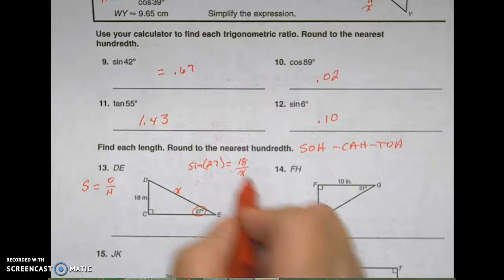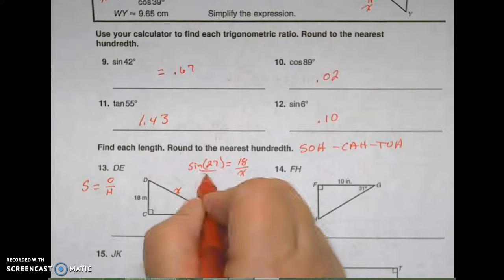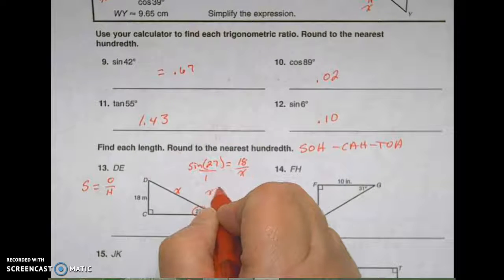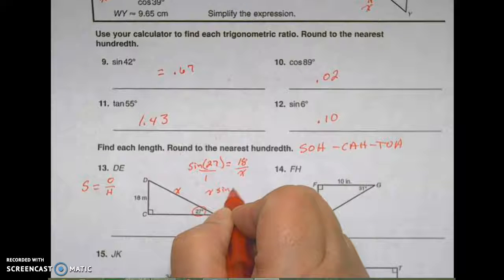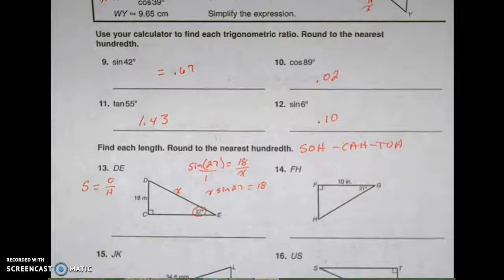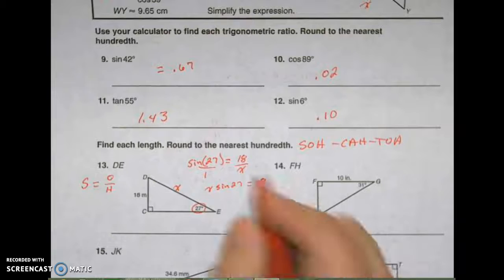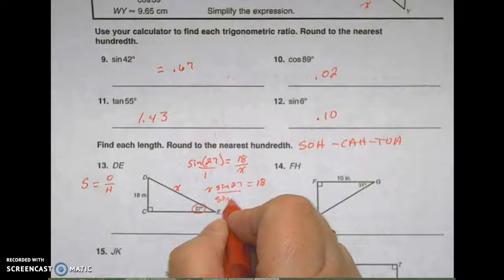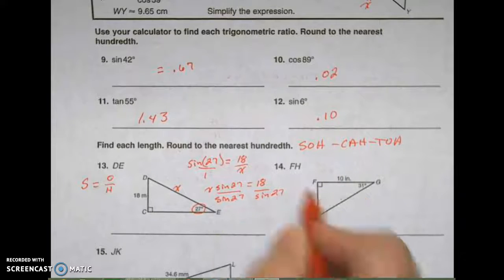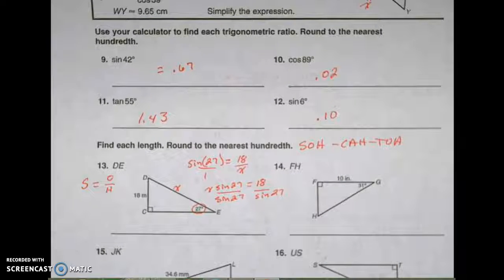When I cross multiply, I get x times the sine of 27 equals 18. And again, in order to solve for my missing x, I divide each side by the sine of 27. Don't just go by 27. Sine 27 is a number, and it's definitely not going to be 27.